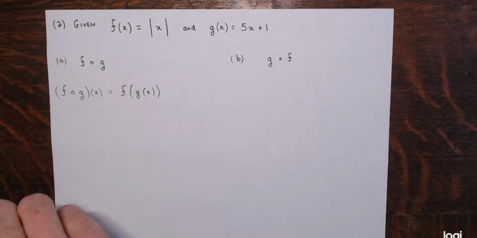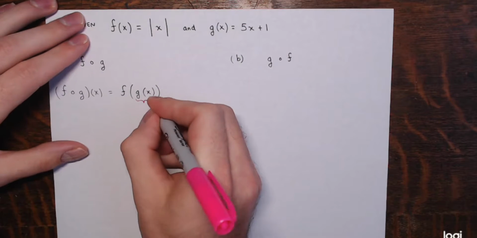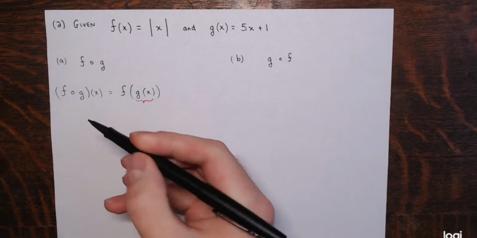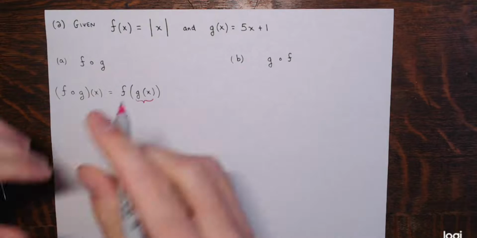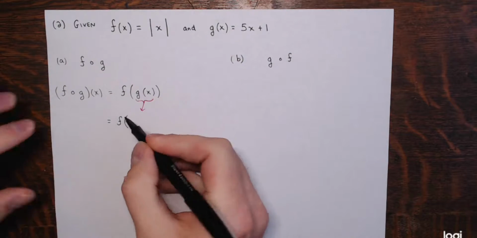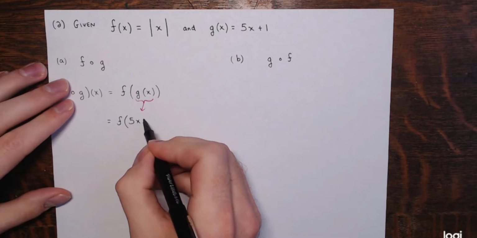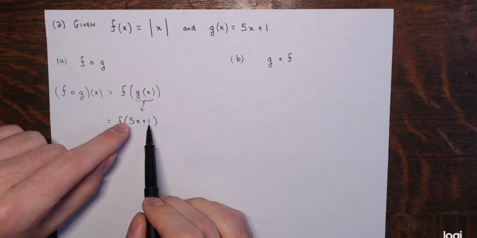Right, first I find g of x. X goes into g first. That's going to be f of, and then g of x we see up here is 5x plus 1. And then I take that 5x plus 1 and put it into f.